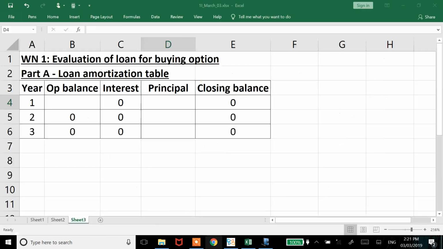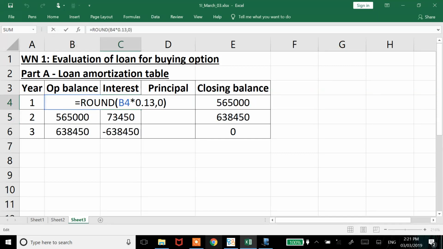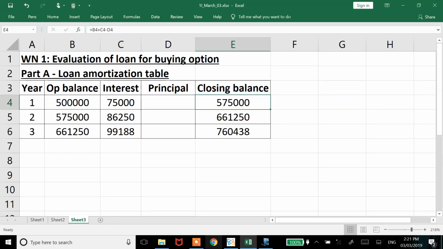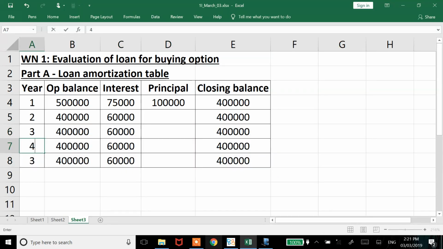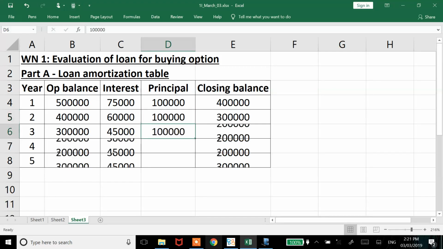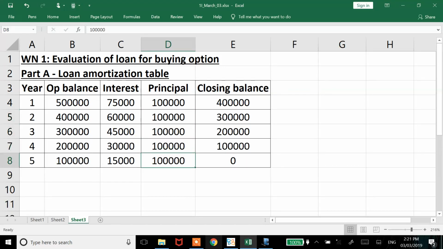So 5 lakh is the original loan. Rate of interest is 15%, and principal is going to be 1 lakh each year. As far as buying is concerned, nothing changes. It's only in the lease they have brought in some complexity.